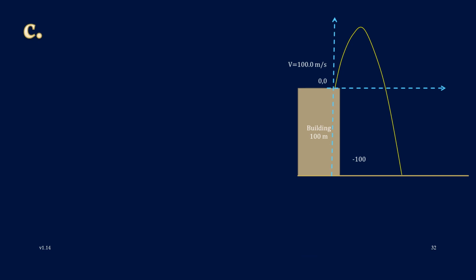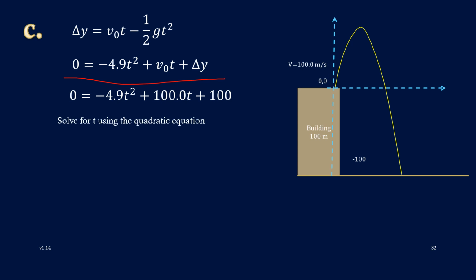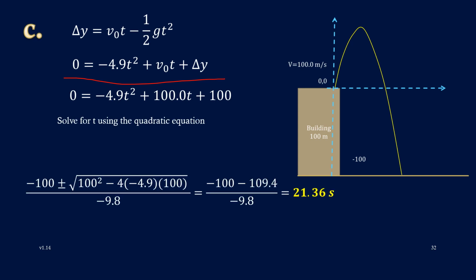Okay. Let's look at the last part, which is off a 100-meter building. Same thing. We're going to find the time. We're going to set up a quadratic equation, plug in the values, and solve for t using the quadratic equation. Okay, and we get 21.36 seconds.